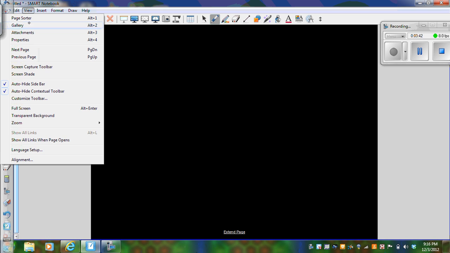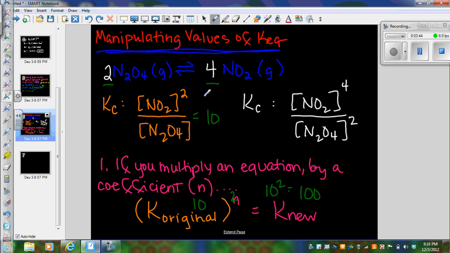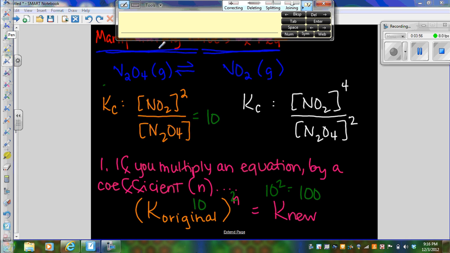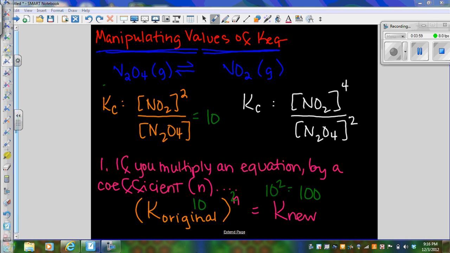Well, let me go back, because I'm going to talk about this one more time. Likewise, if you decided that instead of this being 1 and 2, we wanted to divide it by 2, this will be 1/2, and this will be 1.